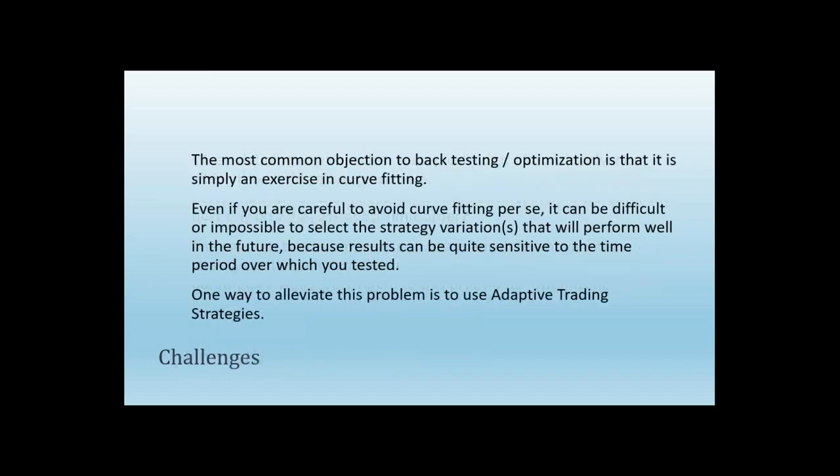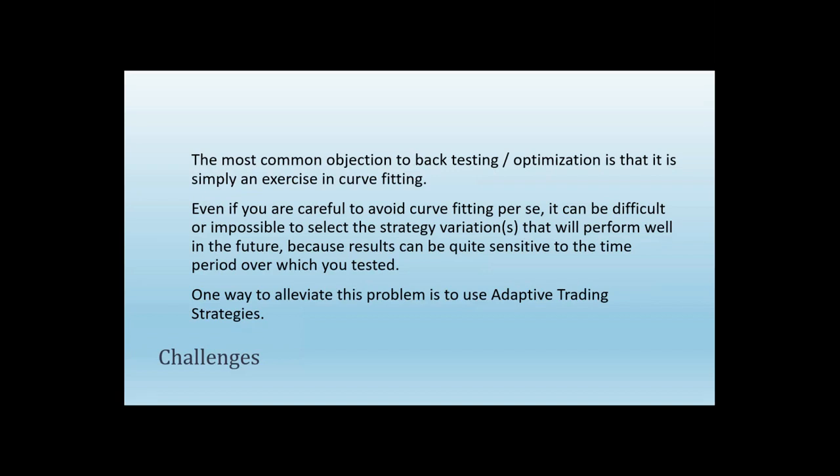So if you hear people complain about backtesting, or especially optimization, the complaint is usually that you're just curve fitting. That if you look at a broad enough array of parameter values, you're bound to find at least one good one, unless you just have a totally rotten strategy, right? And that's valid.